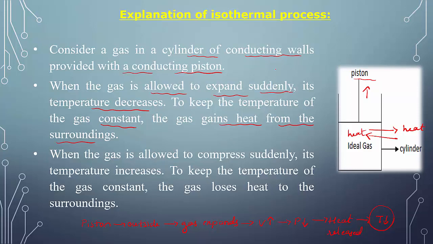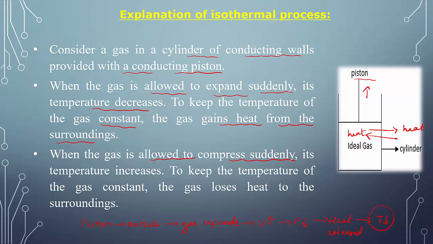Is it clear? Then next point. When the gas is allowed to compress suddenly, exactly the opposite process takes place. When we compress a gas, what are the changes that occur? Volume decreases, pressure increases, temperature also increases, because the heat is absorbed here.